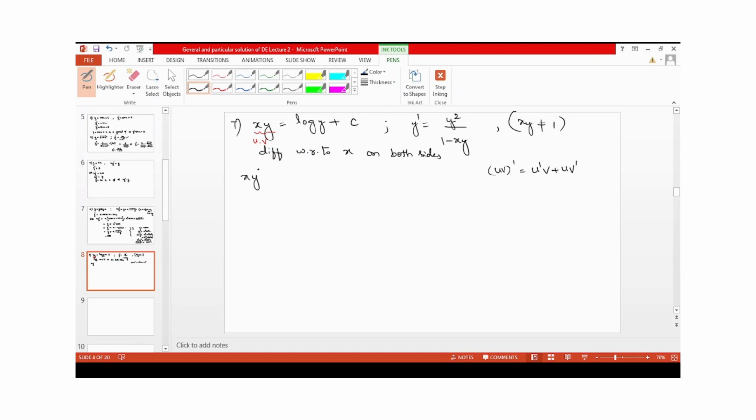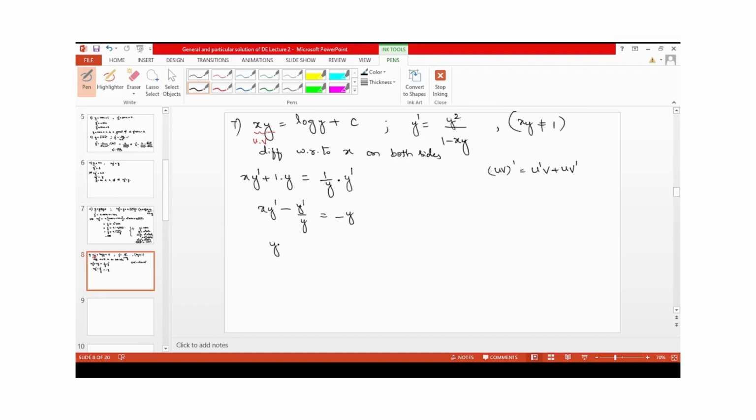So x into y dash plus 1 into y equal to log y differentiation is 1 by y into, see, log x differentiation is 1 by x, but in place of x we have y here, right? So the inner function derivative has to be done, which is y dash, and the constant derivative is 0. Okay, so x y dash, I'm going to consider the y dash by y to the left hand side: x y dash minus y dash by y equal to minus y.